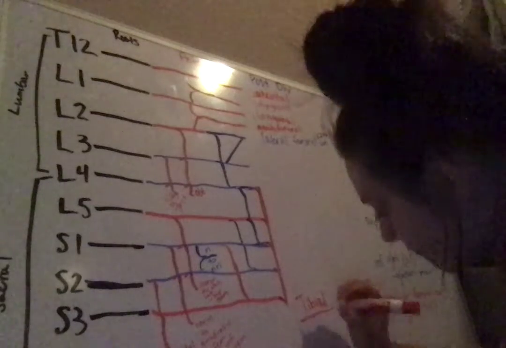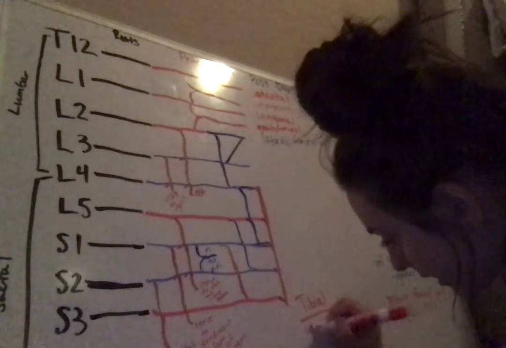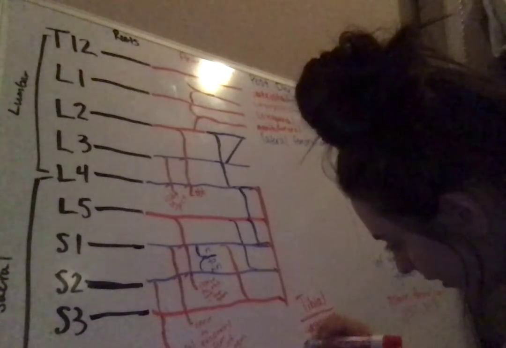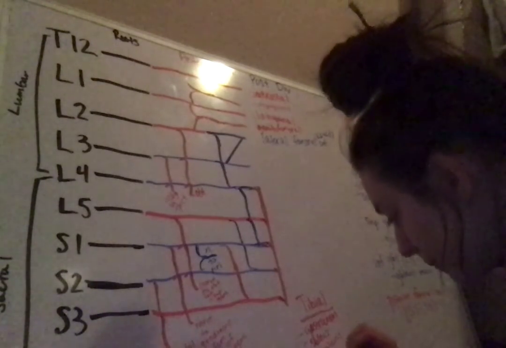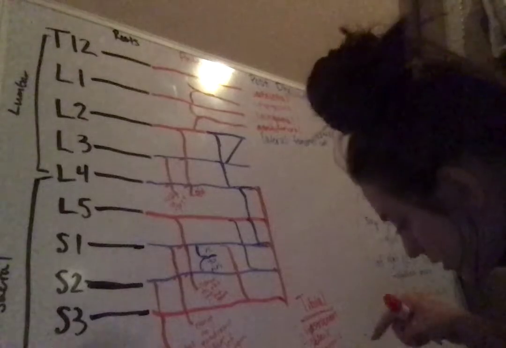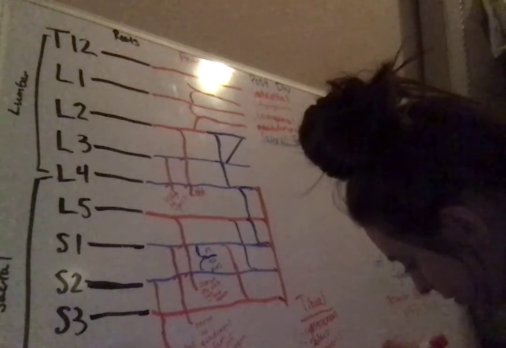So the tibial nerve innervates the gastrocnemius, the soleus, the plantaris, the popliteus, the flexor hallucis longus, the flexor digitorum longus, 1, 2, 3, 4, 5, 6, and the tibialis posterior.